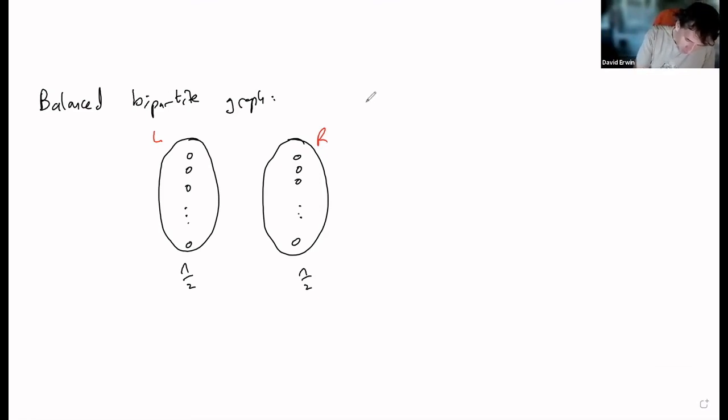So we've got 3 different kinds of distances between vertices here.